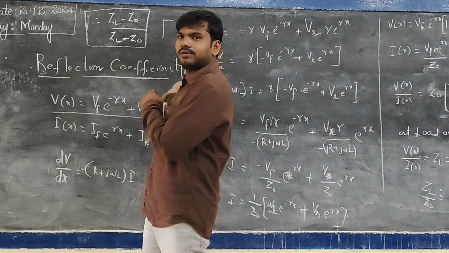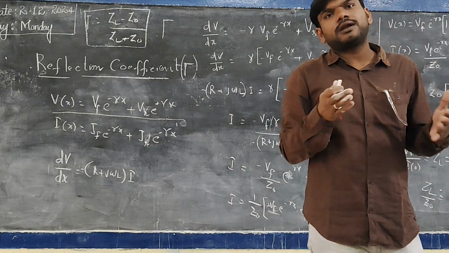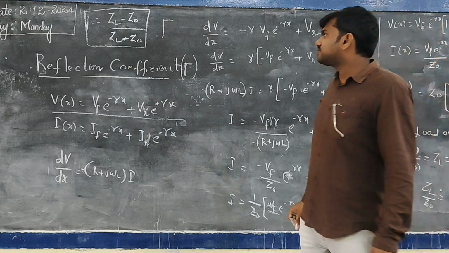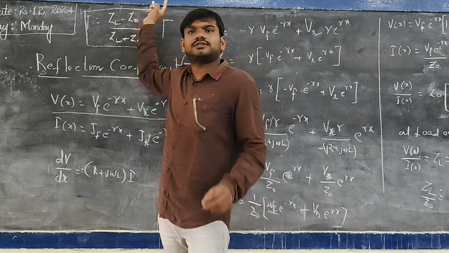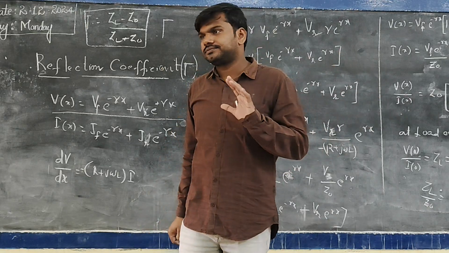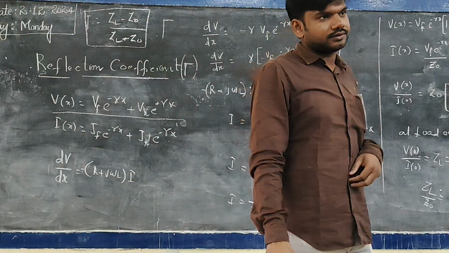If it is greater, it will behave as some inductor. If it is less, it will behave as a capacitor. That will depend upon the ZL and Z naught values. But if ZL is not equal to Z naught, definitely you can expect some power from the load end. That is actually called the reflection coefficient. It is very, very important.